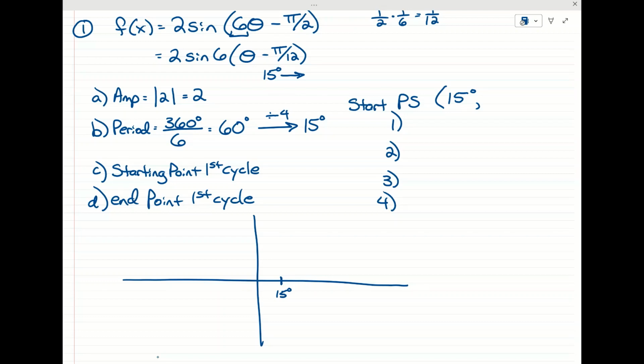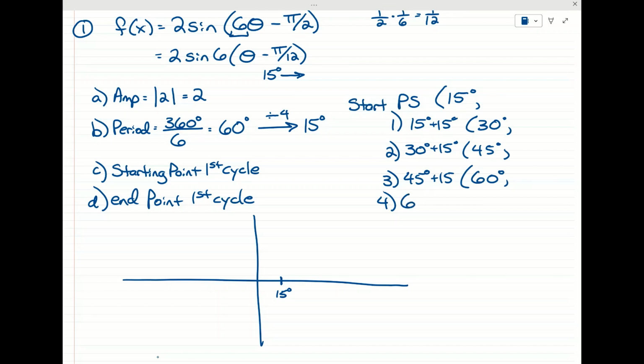For each point after that, we're going to add 15 degrees. So the next point is 15 plus 15. The next point is 30 plus 15. The next point is 45 plus 15.